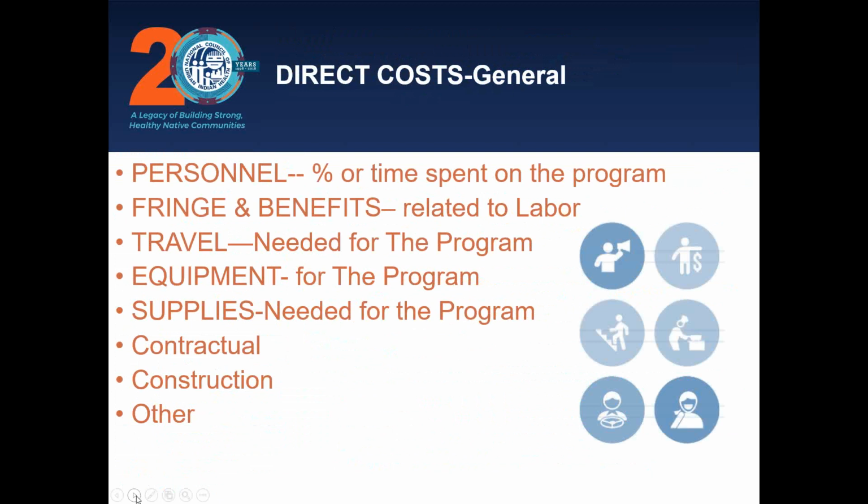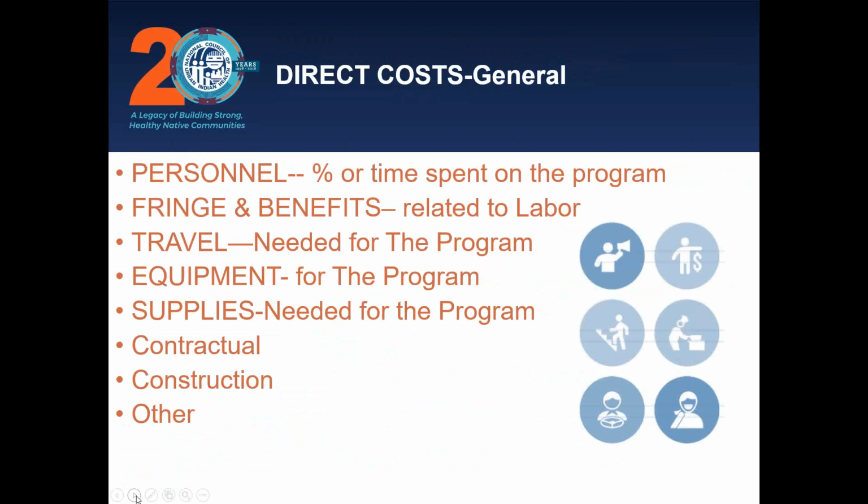So next one, please. So let's go through this so that we understand better. What are direct costs? In general, these are the personnel. These are the costs that are going to be completely and directly attached to your program. Some of these items or the time may be shared with others, but what you're going to include in your budget is just specific to your program. It is directly connected. The percentage of the personnel that will be spent on the program, the fringe and benefit percentage that will be connected to that personnel, the travel that is needed for the program.